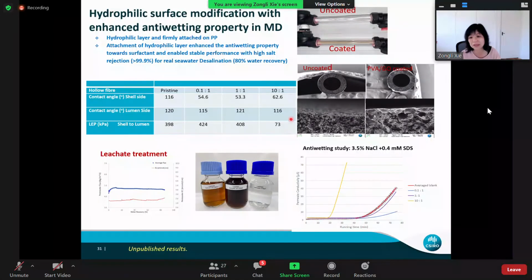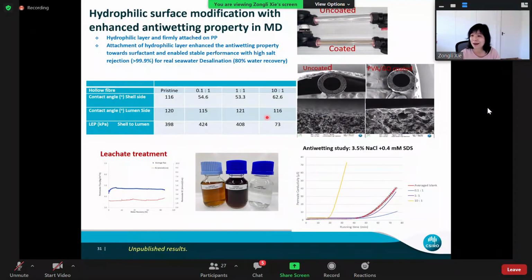I think one of the reasons is that we have modified this membrane to be partially hydrophilic. If you look at the water contact angle of this membrane, we measured it on the shell side and also the lumen side, because we modify the membrane on the shell side only. On the shell side, it changes from hydrophobic down to hydrophilic, but we can still maintain the lumen side as hydrophobic.